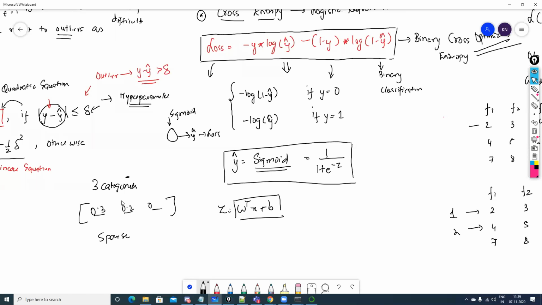This is my class 1, this is my class 2, this is my class 3. Out of this, which is the highest probability? 0.5. So the third class. Over here, I will be getting my output like this. In sparse, instead of giving all the output, it will just give this third class output. So it's like a subset of the cross entropy thing, one more step ahead to this, you can say.